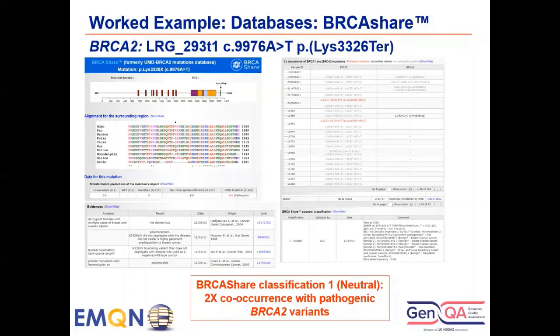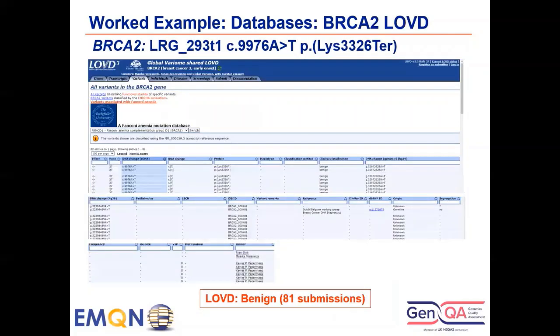Likewise, BRCA Share was found to demonstrate that this variant has been seen to co-occur with two other pathogenic BRCA2 variants, and they classified this as class 1 neutral. The LOVD database also had 81 submissions submitted to it, and they classified this as a benign variant.